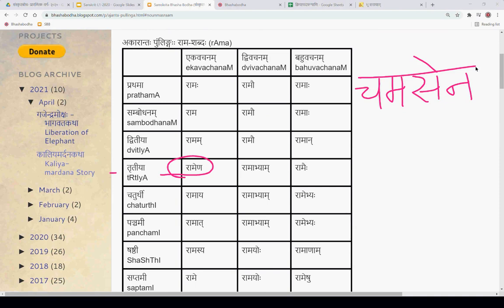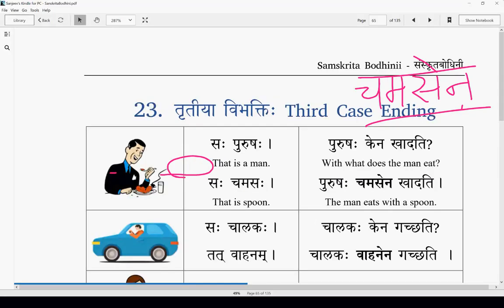When the na turns to Na, in this case it doesn't turn, it remains na. Chamasena. The word here is Chamasena, Tritiya, meaning with the spoon. Chamasa is spoon. So Purushaha kena khadati, Purushaha chamasena khadati. Now also there could be a question, kim khadati. That is possible.